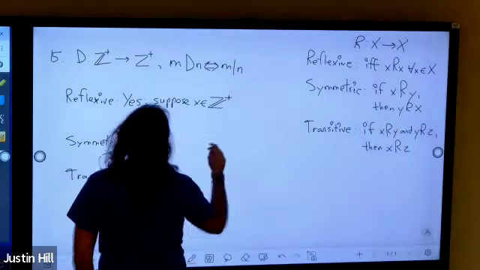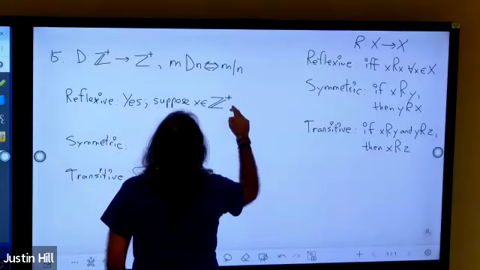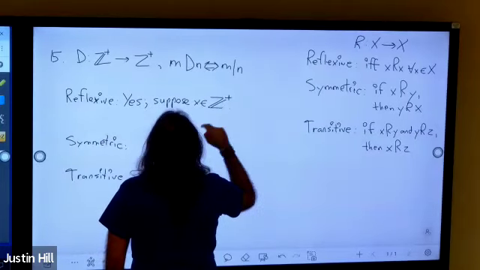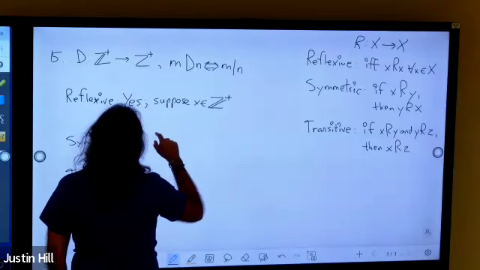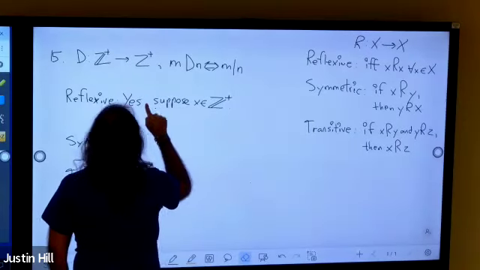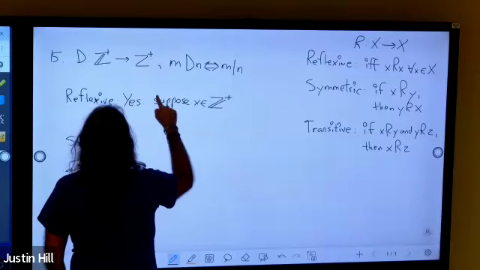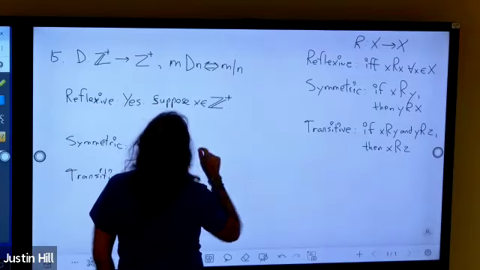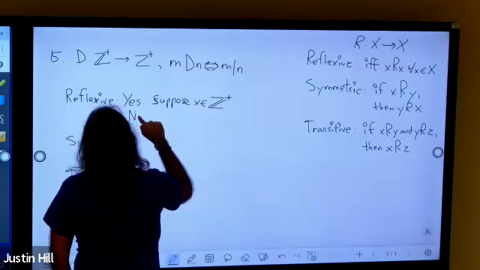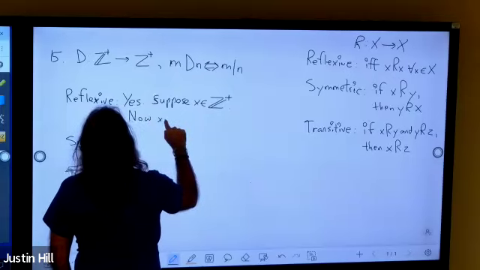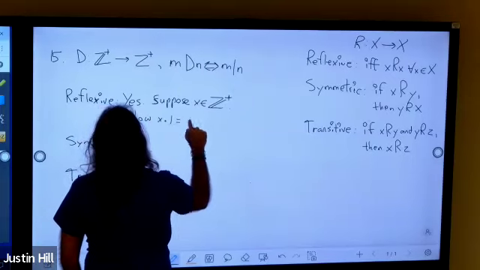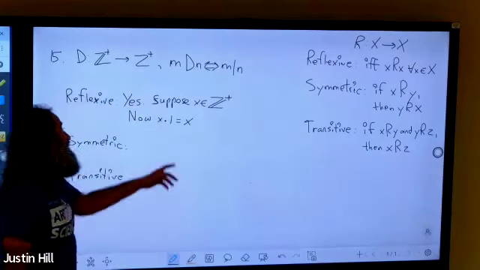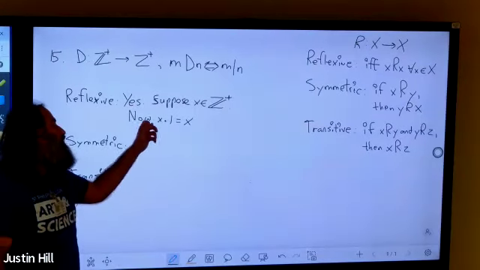So suppose x is in Z plus. Now x times 1 equals x. And I know 1 is an integer, so now I have it.